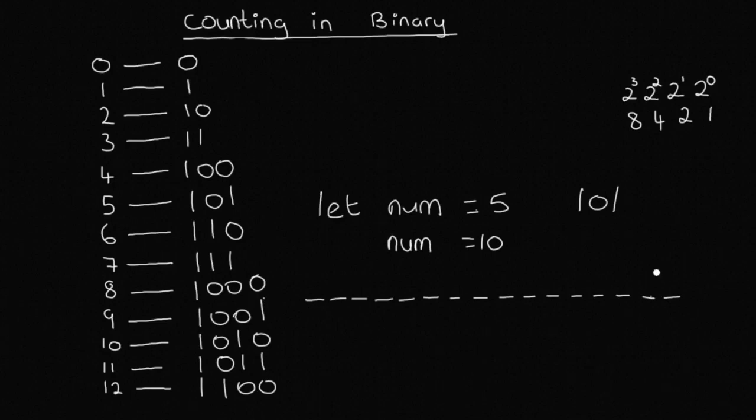So how this example would work is 101 is equivalent to 5. On this line here, where we define our num as 5, we would have 1, 0, 1, and then all the rest of our numbers here would be 0. So it would look like this.